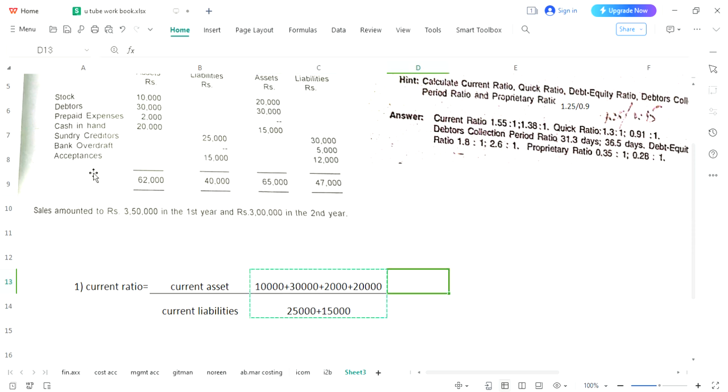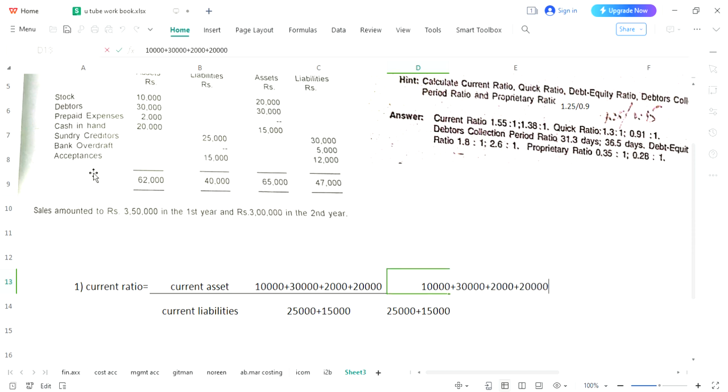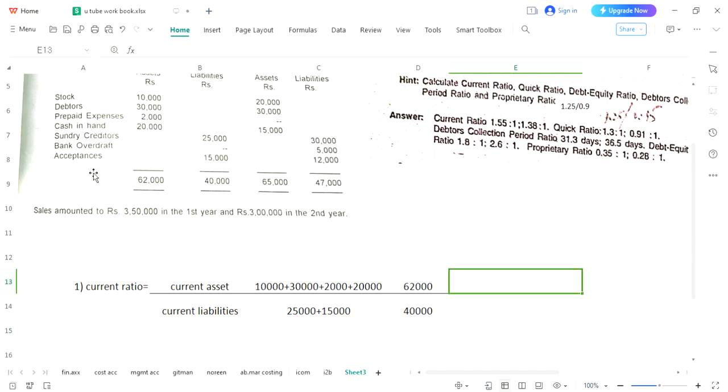We'll put the values over here, and now just putting these values into the calculator, we will write over here. So the sum of all current assets and the sum of all liabilities we have calculated, and ultimately here we will calculate the answer.